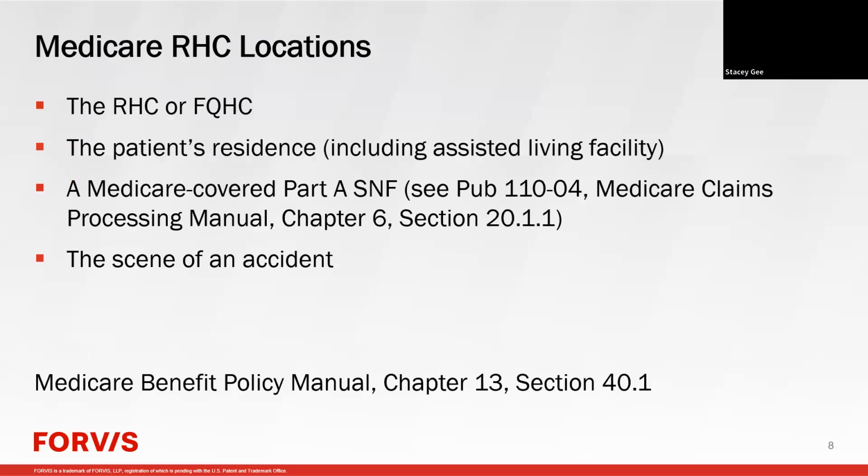Okay, so what does Medicare consider to be RHC locations? So the RHC, obviously, the patient's residence, which may include an assisted living facility, a Medicare covered Part A SNF facility, and then even the scene of an accident.